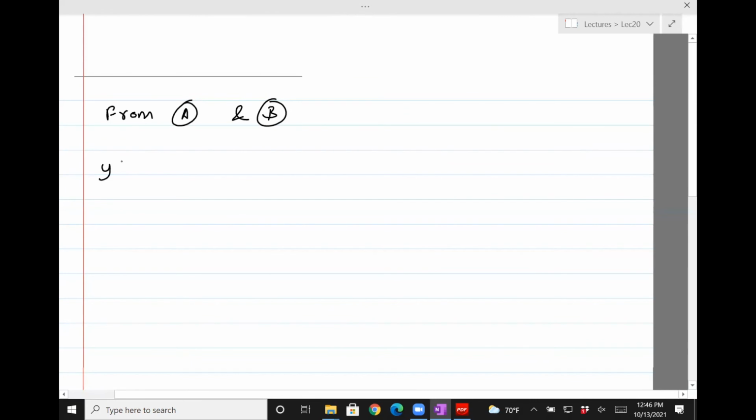So the net deflection at B is the deflection at B1 plus deflection at B2.